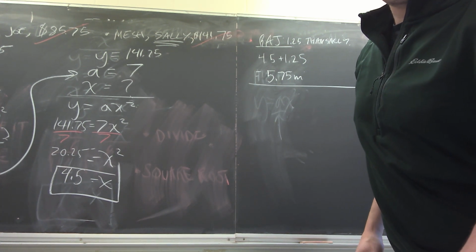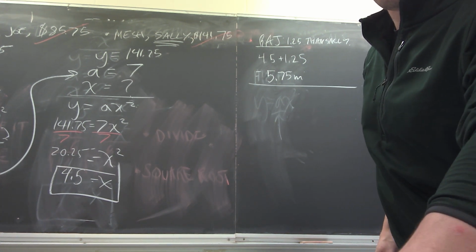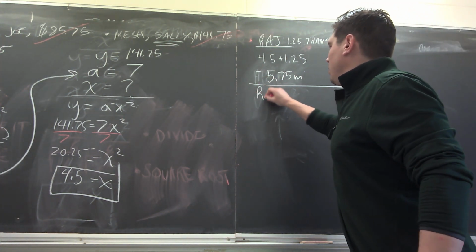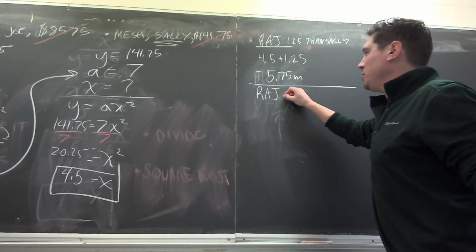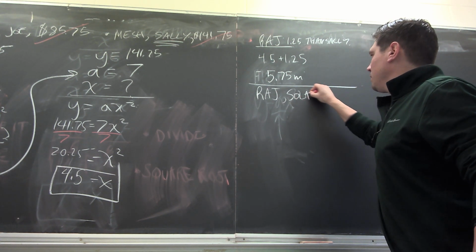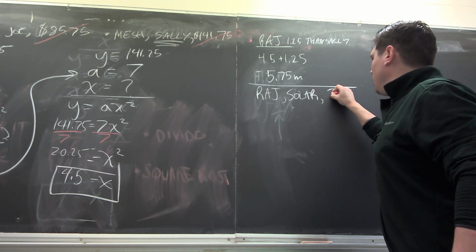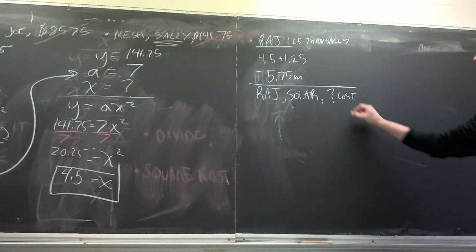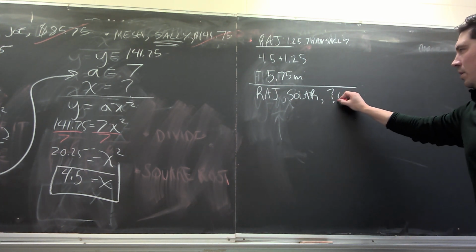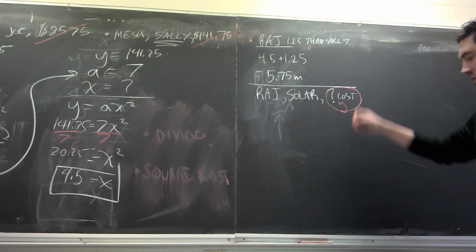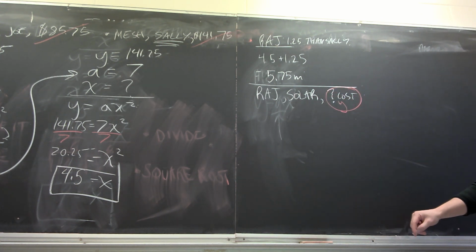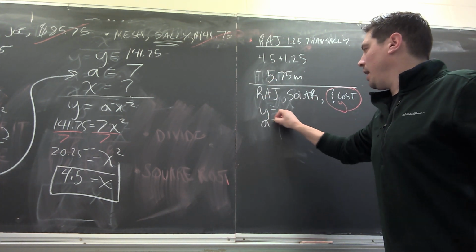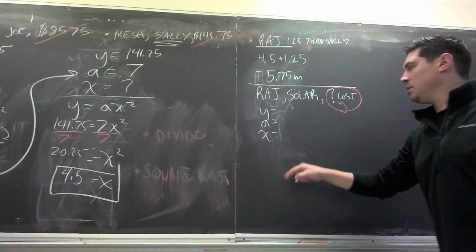And then at the bottom it says, how much does a solar pool cover cost for Raj's pool? So the last thing was Raj, solar, and unknown cost, which means I'm looking to solve for y. So we can now write down y, a, x.